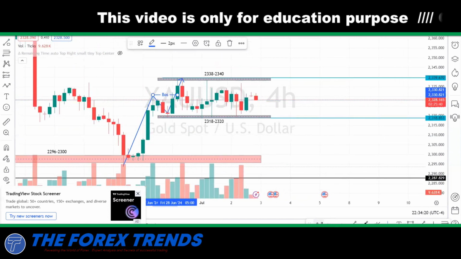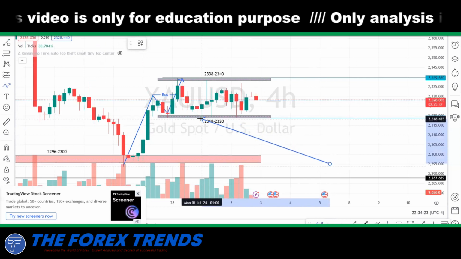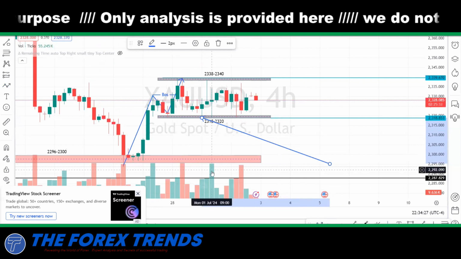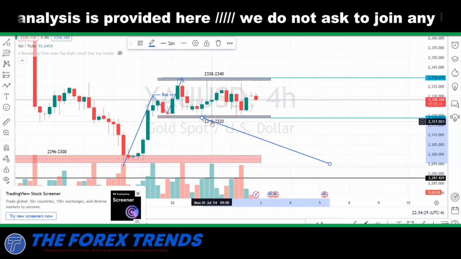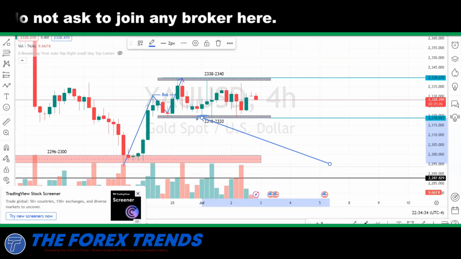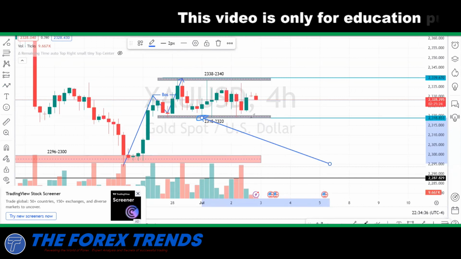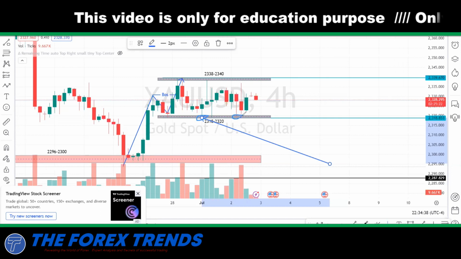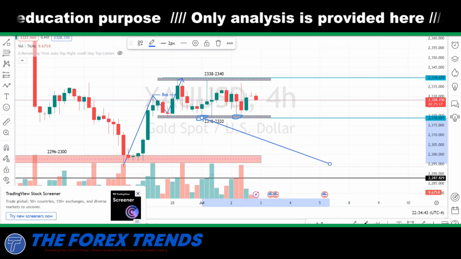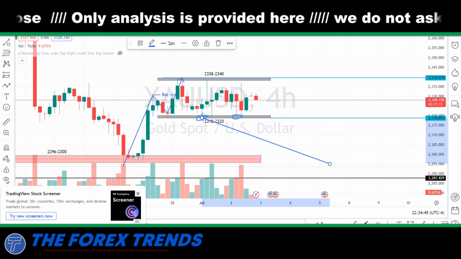So our first point of interest is there and it worked nicely. I personally traded 2 times at this support and it gave me a decent profit. Our team also shared this on our channel, so it gave a decent profit.